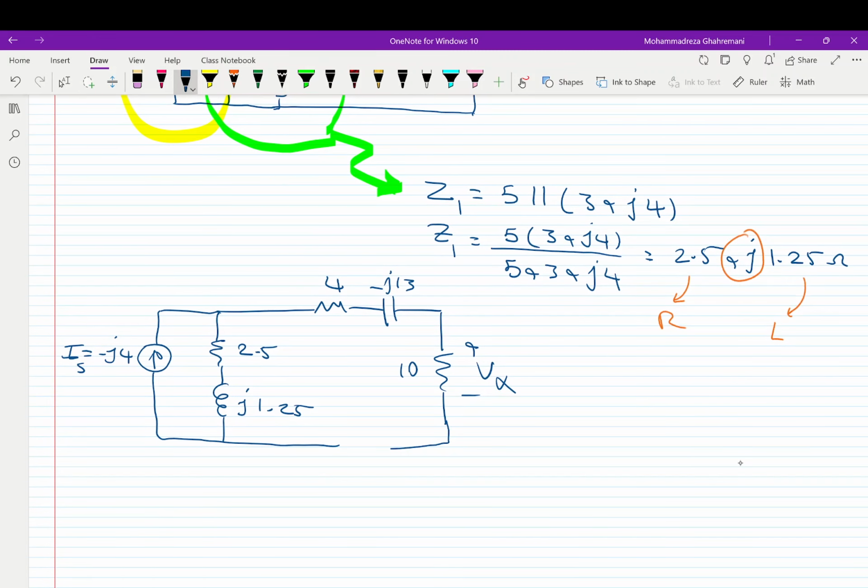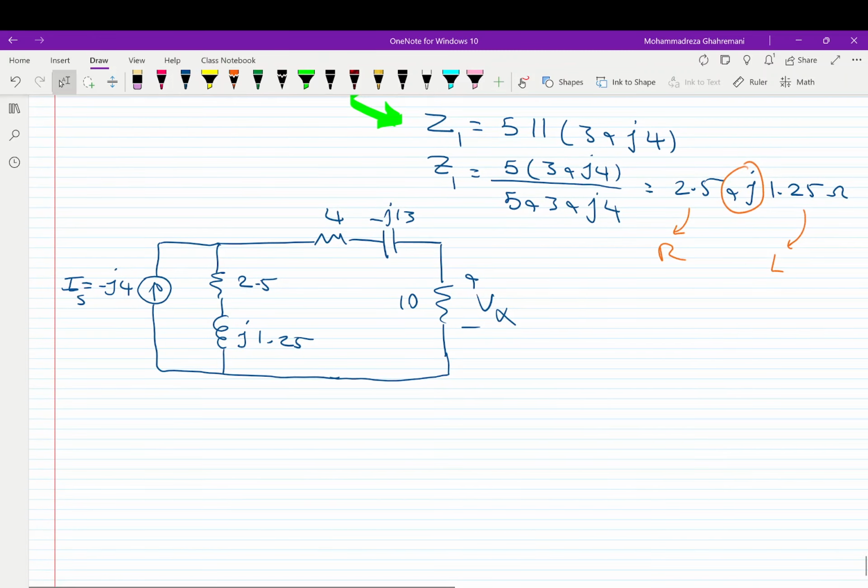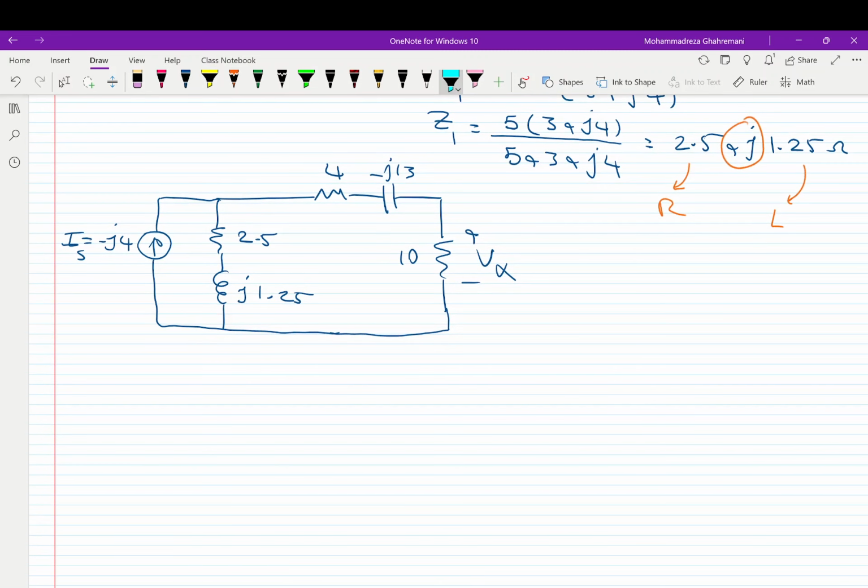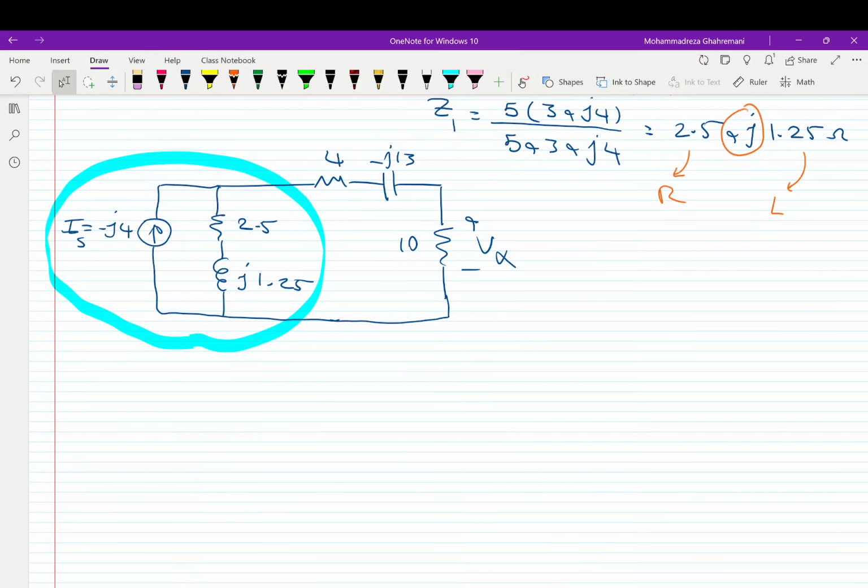Now again, because we want to do it with source transformation, we transform this part to a voltage source.